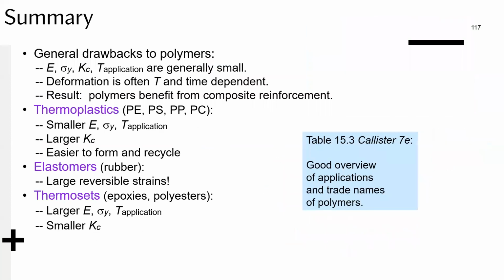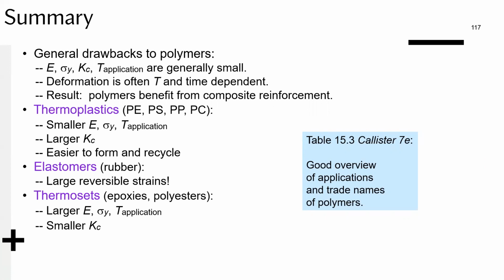Okay, so just to summarize and compare these, polymers in comparison with metals and other materials typically have smaller elastic moduli, and smaller strength and yield stresses. They also have smaller KCs, or basically hardnesses, and the operational temperatures are also lower.